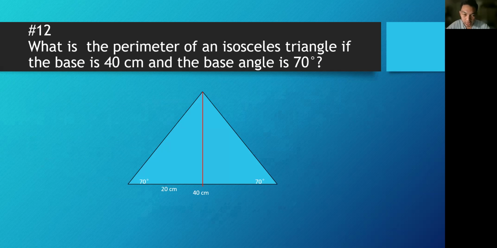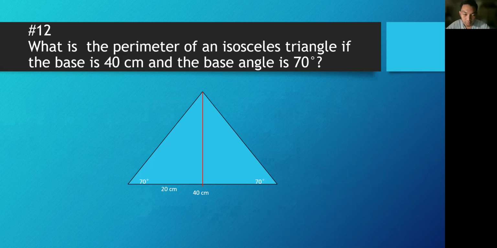So this is the illustration for the isosceles triangle. If we divide the triangle by half, we can get a right triangle which has a base of 20 centimeter, or we just divide 40 by 2 since it is an isosceles triangle. Then we will solve for the hypotenuse.